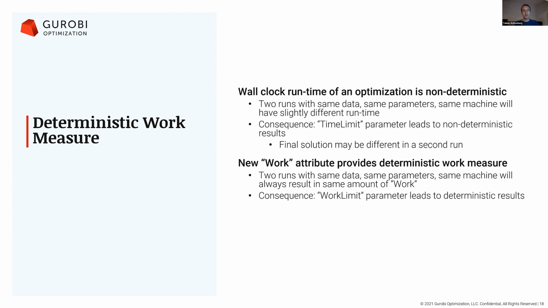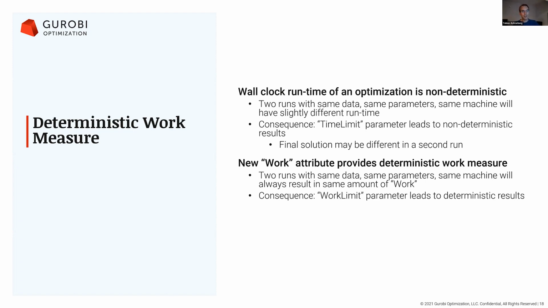So if you have a time limit of 10 seconds and Gurobi in the first run finds a solution after 9.9 seconds, then in this first run, you will see that solution as the final solution that Gurobi provides. But if you run it a second time, where this solution would only be found at 10.1 seconds, but unfortunately the time limit kicks in at 10 seconds, then the final solution that you will get will be a different one. So here the results will be non-deterministic if you use wall clock runtime.